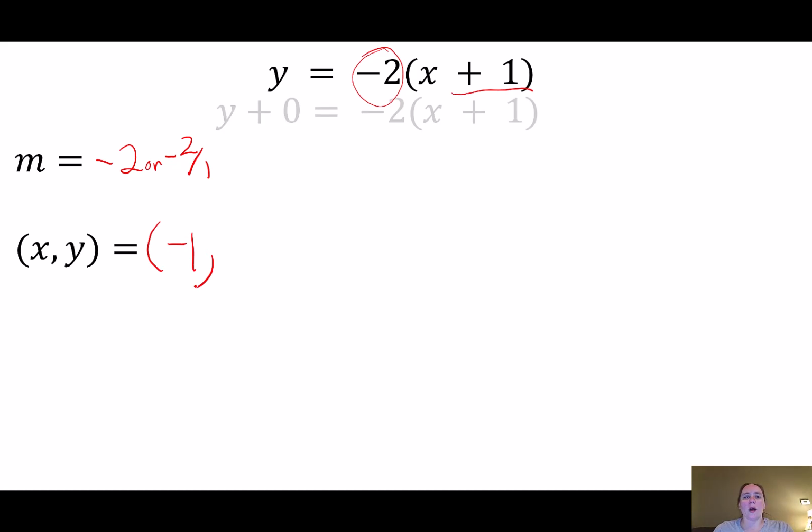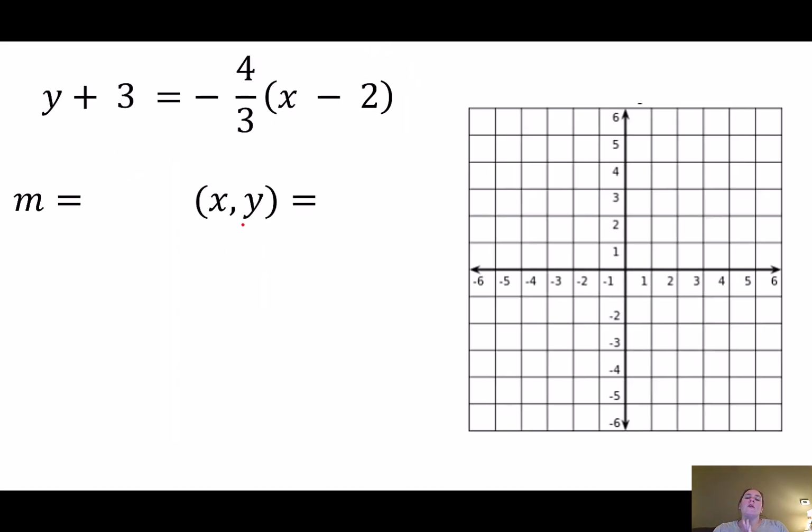But what comes after the y? Well, I can kind of say it's y plus 0. There's nothing adding to y, so it's 0.